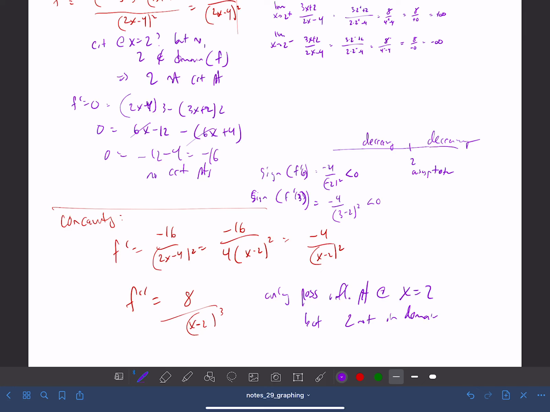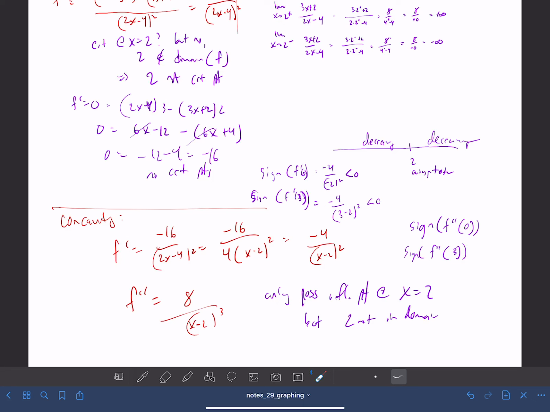To determine the concavity, I'm going to check out the sign of f double prime at 0 and the sign of f double prime at 3. You might be like, where did those come from? Those are just 0 and 3, my arbitrary test points that I'm plugging in to determine the concave up or concave down behavior of my function on either side of the asymptote at 2.